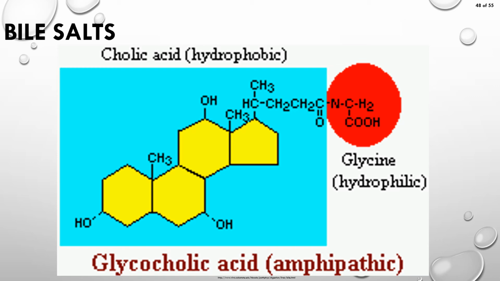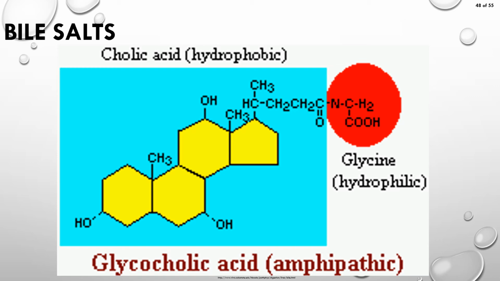If you can see, this is a steroid nucleus, and this is cyclic, no? Meaning it is a ring, and it is saturated with carbon-hydrogen bonds, so it is hydrophobic. So this molecule, glycocholic acid, is an amphipathic molecule. When we say amphipathic, that is a molecule that has both hydrophilic and hydrophobic parts.